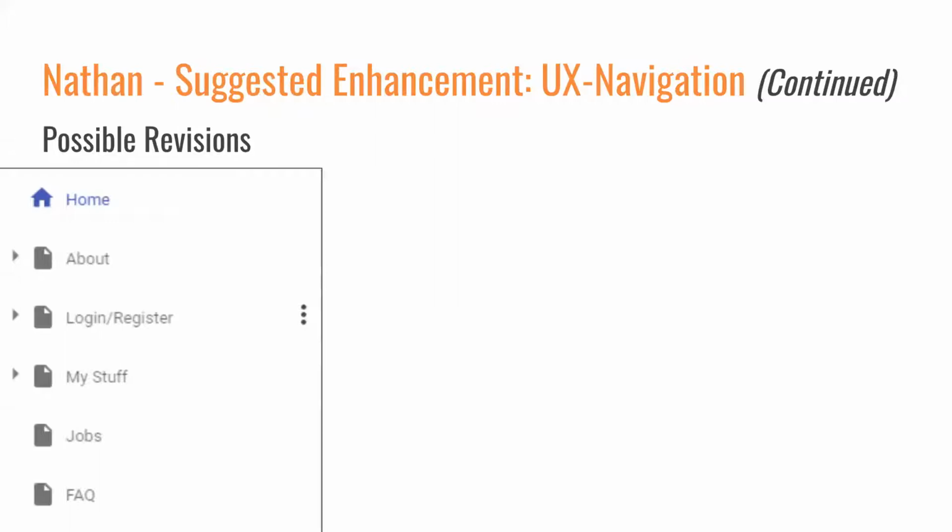To the left right here is an image that I created with Google Sites of possible navigation flow. I noticed that the sections inside of the website were all about jobs, your profile and your stuff, registering, and about Rangam and SourceAbled themselves.